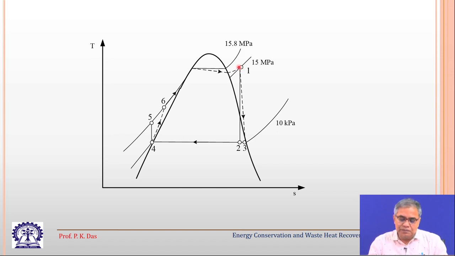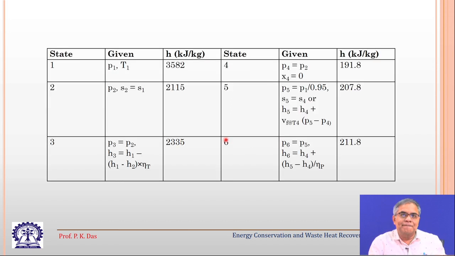So, 1 will give the pressure and temperature condition of the steam. So, now this is the cycle. The firm lines indicate the ideal processes, and the dotted line indicates the real processes or processes with irreversibility. So, let us go to the next slide.